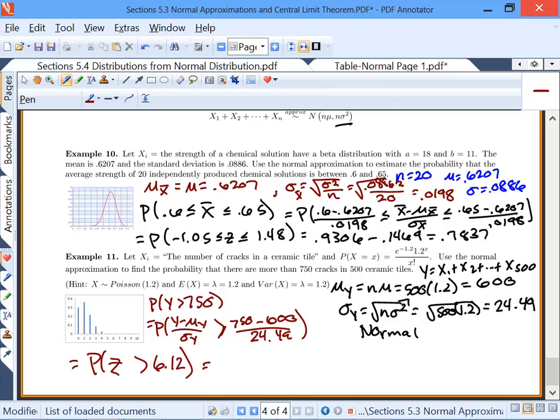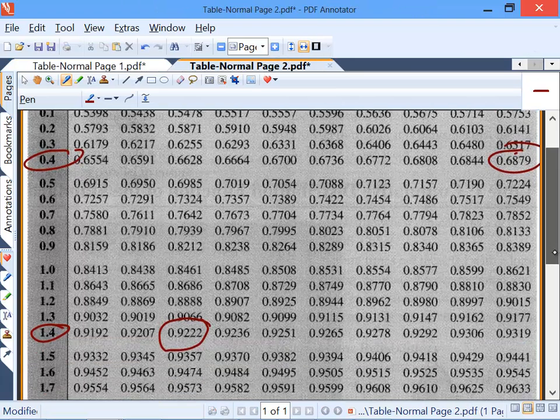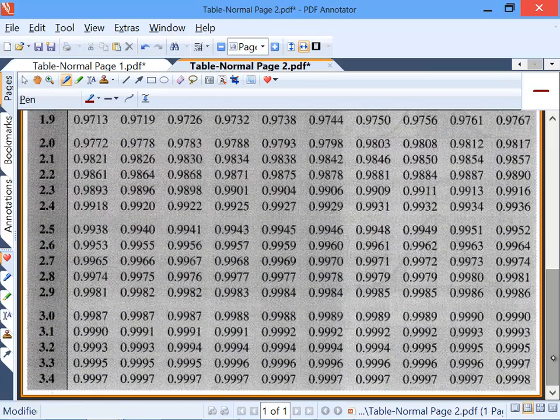Now I go to the normal table and look for 6.12. Notice how high does my table go? Only to 3.49, so 6.12 is somewhere way off in this corner. That means the area to the left is going to be essentially 1, and the area to the right will be essentially 0.